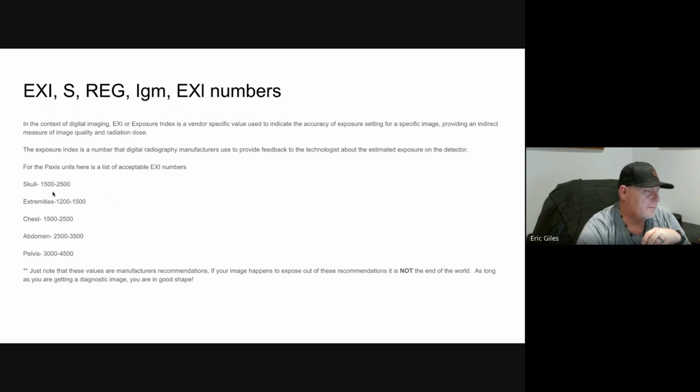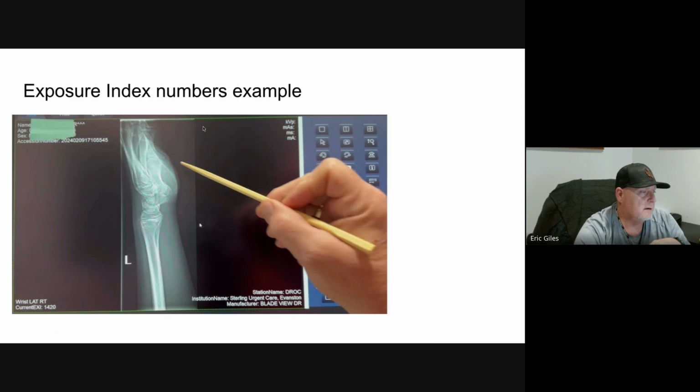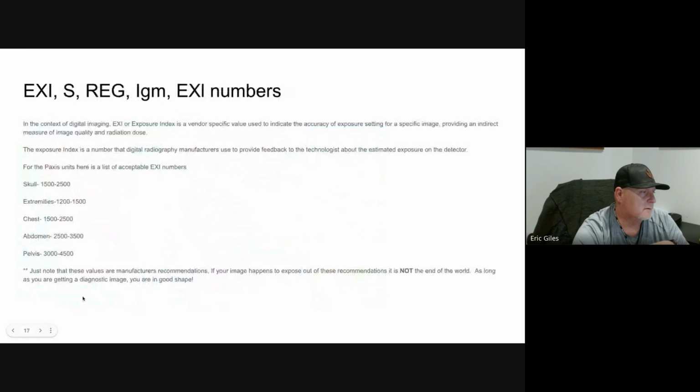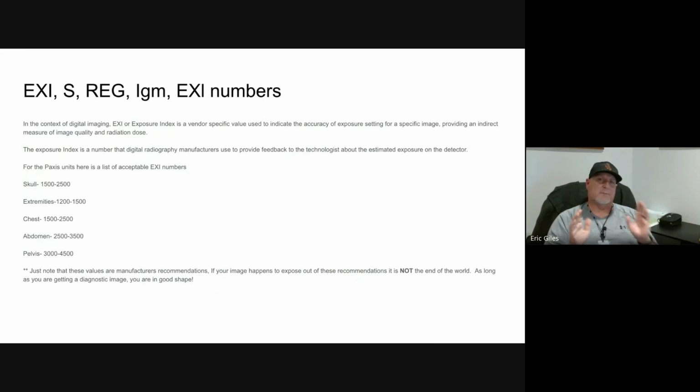Skull 1500 to 2500, extremities 1200 to 1500, chest 1500 to 2500, abdomen 2500 to 3500, and pelvis 3000 to 4500. And that's your index number that you should be getting. So let's test that out here. This is a lateral wrist, so it's an extremity, and we got a 1420. So let's go up here on extremities, 1200 to 1500. So we're right there in between those two recommendations.